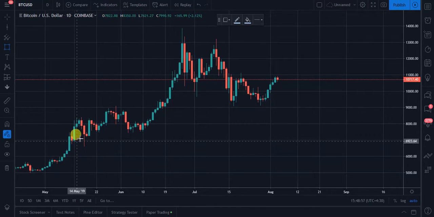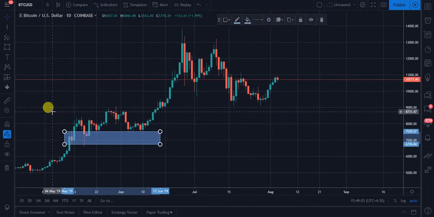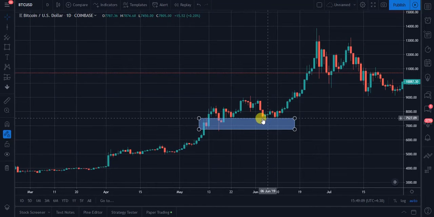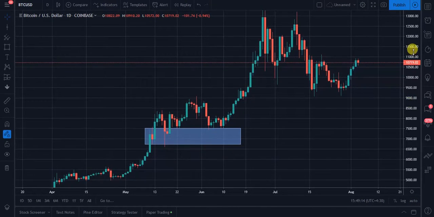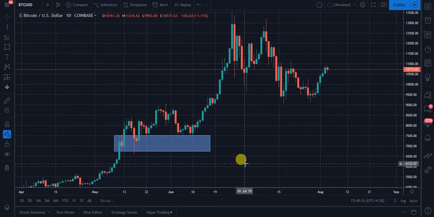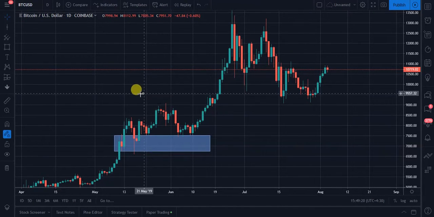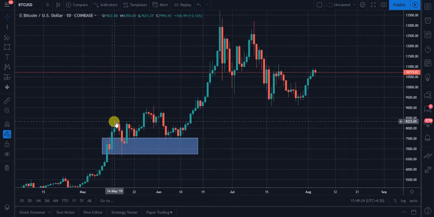So here we have a support zone, and price tested this in the future. 1, 2 touches, and in the future here it touches and goes up. That's why I believe every chart and every cryptocurrency and every market can follow this method of resistance and support.